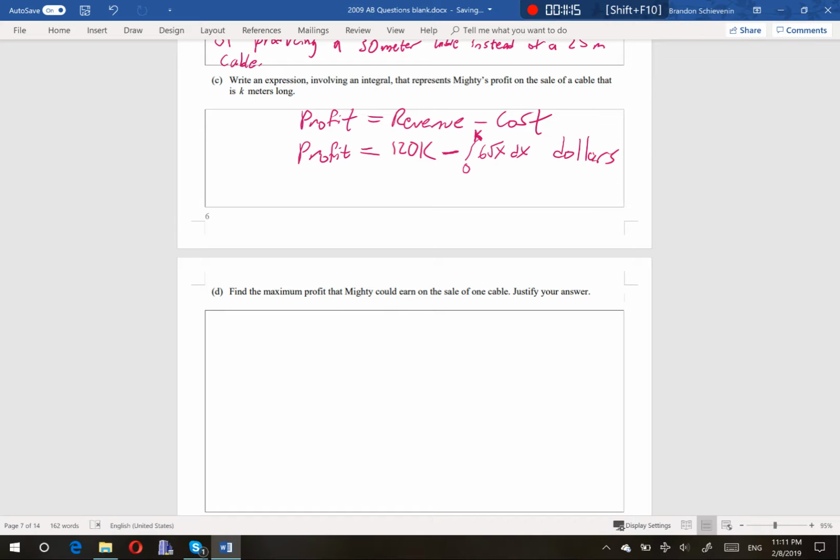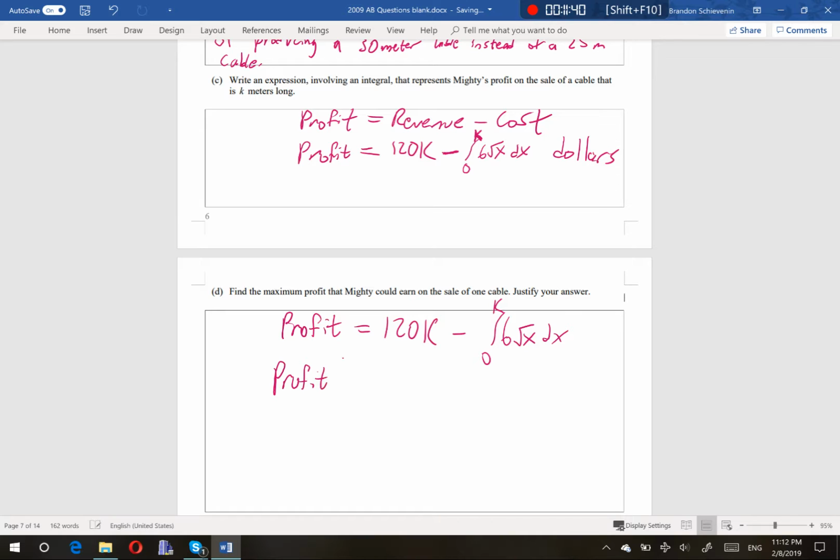So I'm going to start there. Our profit is equal to 120k minus the integral from 0 to k of 6 root x dx. To maximize a function, what do I have to do? Derive. I've got to derive it first, so we'll get our derivative of profit.